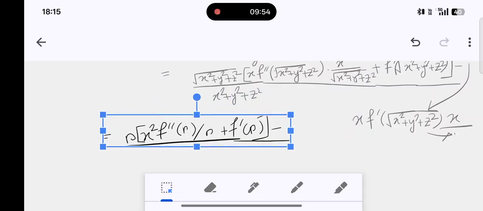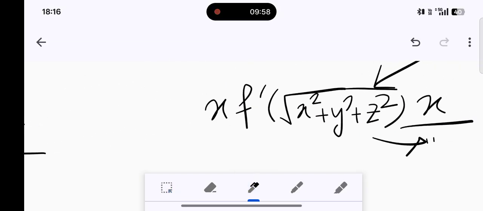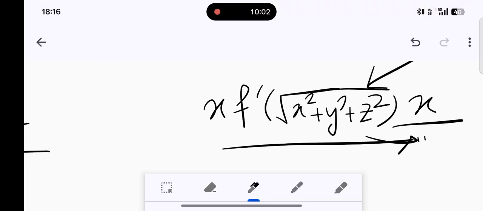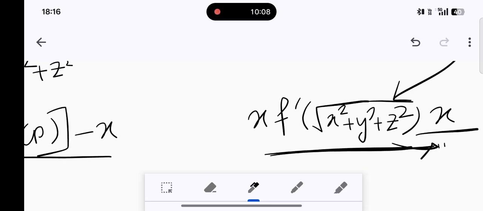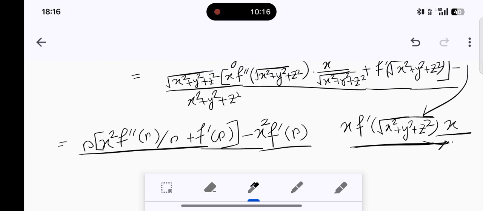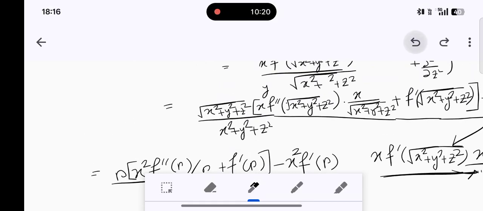This time I have to write, so this is x, and this is x square actually. This is x square, this is f dash r. Now that's okay. This is r square, right? This is r square actually.